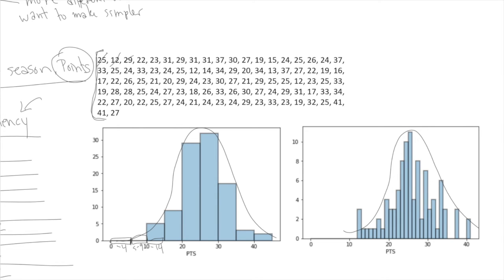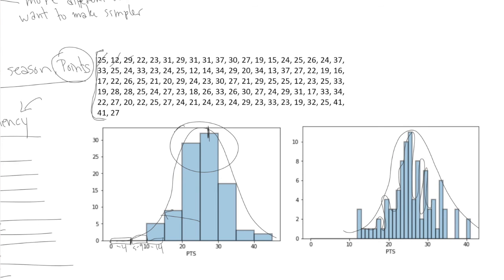The mode is between 25 and 29, and it's roughly symmetric. It's not perfect, maybe slightly negatively skewed, but pretty symmetric, and we get a better sense of what a typical game for LeBron was in the season, usually between 20 and 29 points, without it looking really choppy like it did on the right side over here.